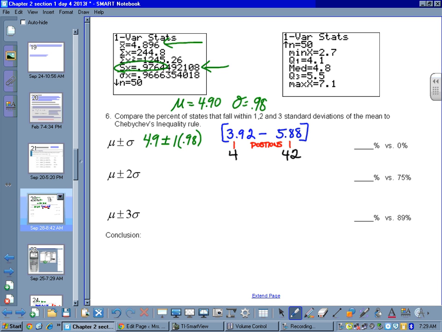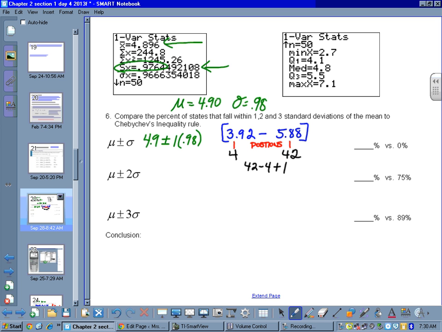Now, how many positions are there between position 4 and position 42? To figure that out, we do 42 minus 4 plus 1. The whole plus 1 thing we discussed a little bit not too long ago. If that's still confusing you, we will try to clear that up for you tomorrow.